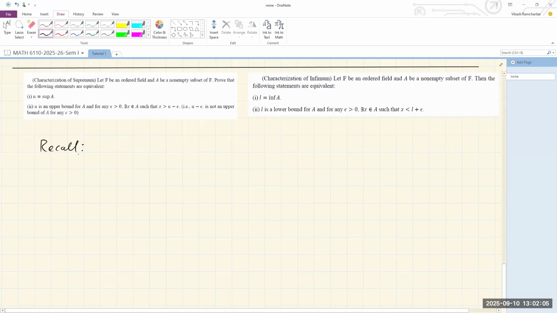So once you have an ordered field, you can start talking about upper bounds for a particular set. So recall, I don't want to use U and L, so maybe let's do alpha and beta. So alpha, which belongs to this field, is said to be an upper bound of some set A. Of course, A is contained in the field.